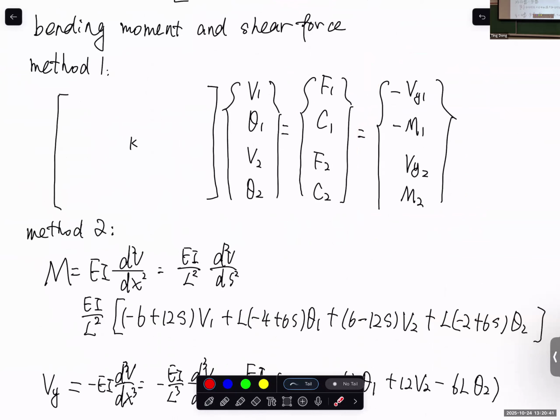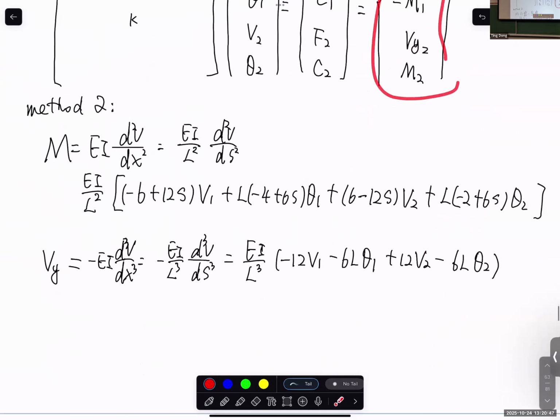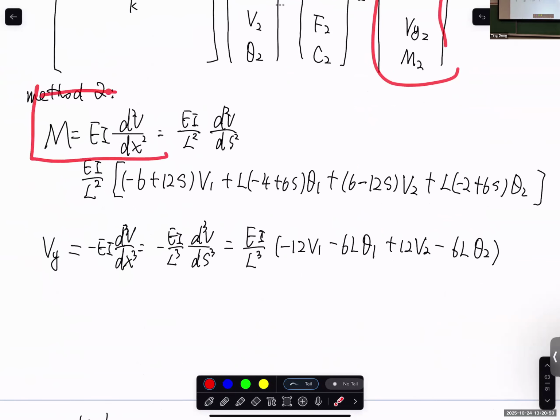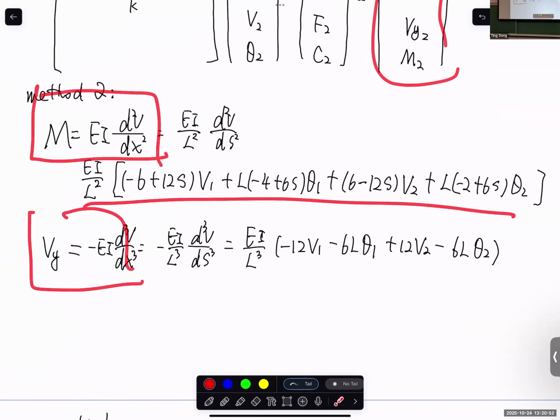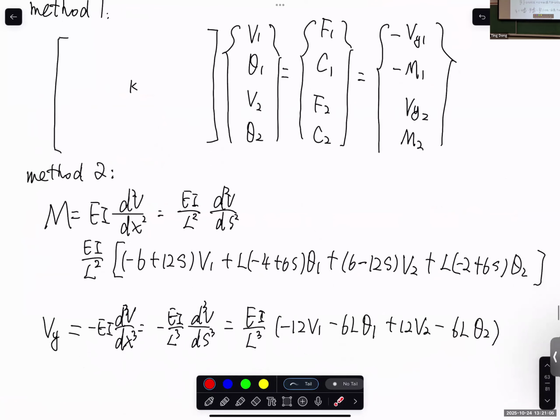This method cannot calculate within the element, only at the node. The second method is based on the definition of bending moment and shear force, and with this one you can plug in s equal to any value, and you can calculate bending moment and shear force at any point within the beam.